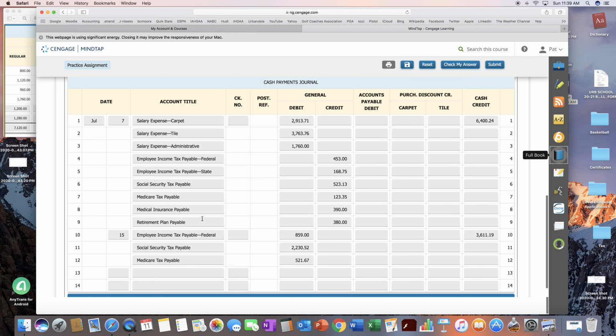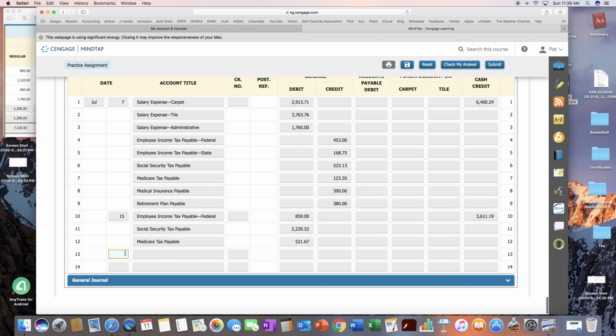So what we're going to do is go down here to the 29th unemployment tax, and we're doing federal first, and we're debiting it for 523.69, and we're going to pay it electronically. 523.69. We didn't write this memo down, sorry.